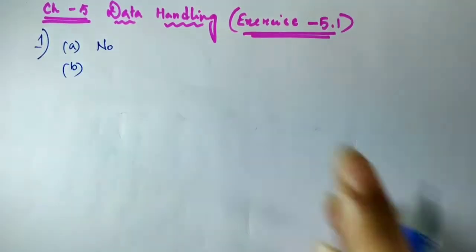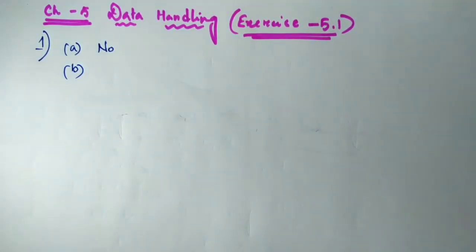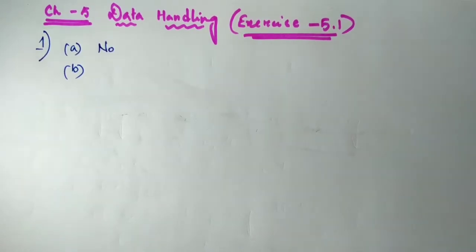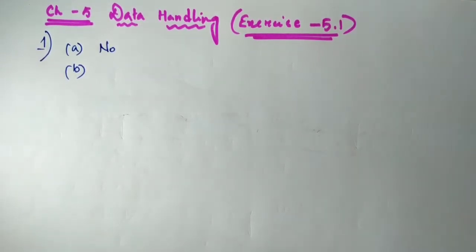Now for B, you see the height of competitors in an athletic meet. If we consider the height, we can divide it, suppose from 5 to 5.5 can be one interval, then from 5.5 to 6, then 6 to 6.5. So in this case, we can divide the data into intervals.